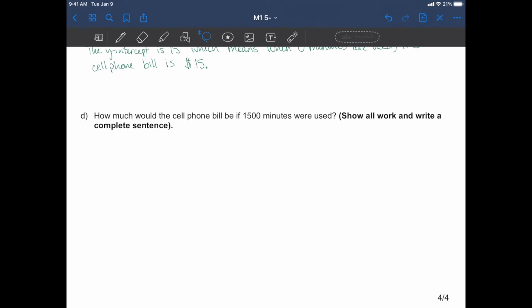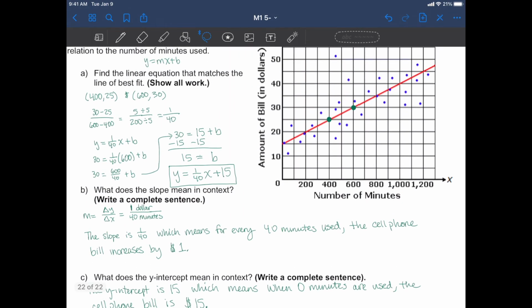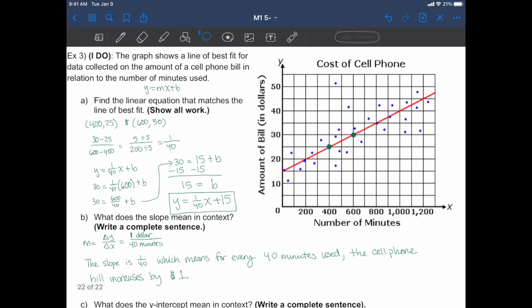Part D, how much would the cell phone bill be if 1,500 minutes were used? Show all work and write a complete sentence. Okay, so we have the scatter plot here with all these different data points of various customers using certain amounts of minutes and having a certain bill. So what we did was we found the equation of the line of best fit so that we can make a prediction, right?